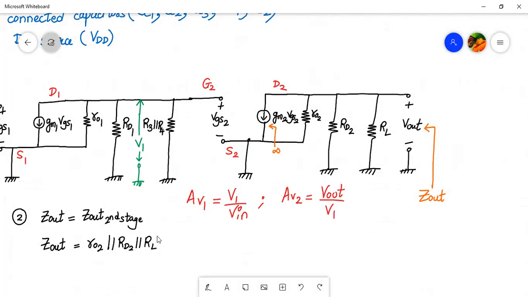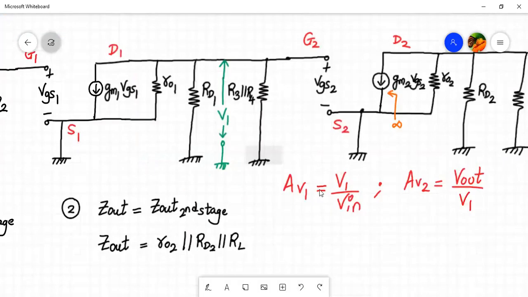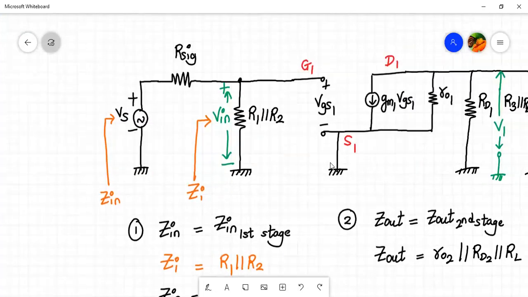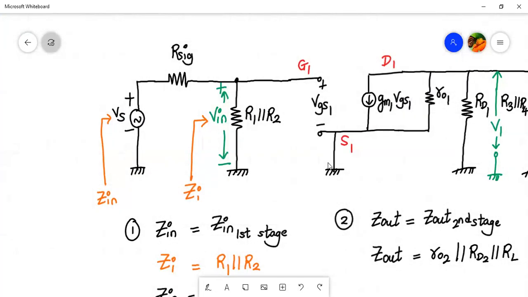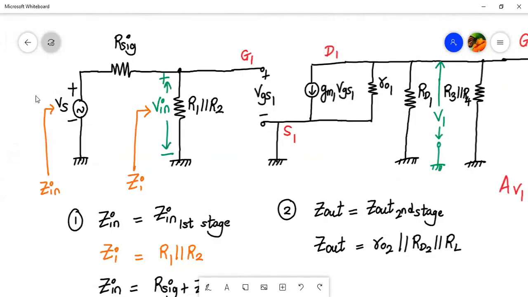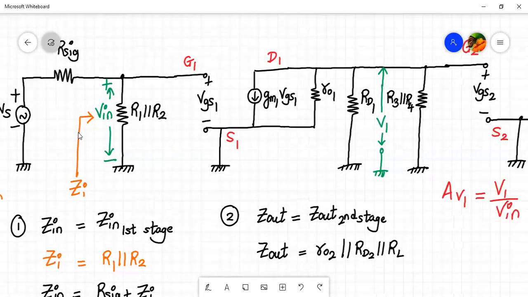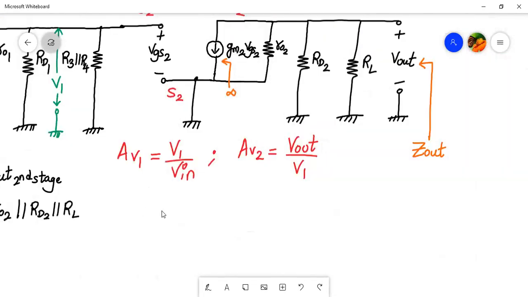But what will be the overall voltage gain? Because we want the overall voltage gain to be V out upon Vs, correct? So we have to write it in terms of Vs. So V in upon Vs also we have to calculate, correct? So now let me write it over here officially.